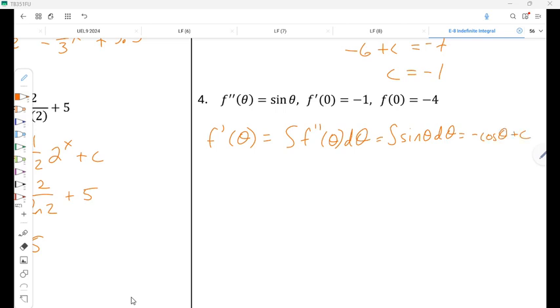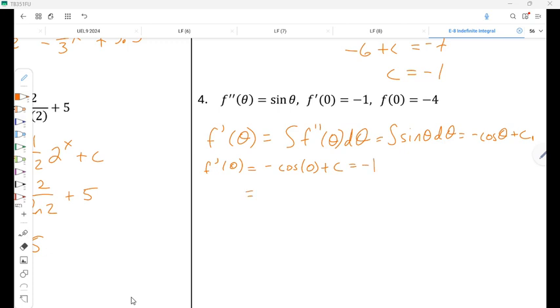All right. So I know that f prime of theta is negative cosine theta plus something. So let's find out what that plus something is. I'm going to label this C1, knowing that I'm going to have multiple C values and I need to distinguish them. So f prime of 0 is negative cosine of 0 plus C1, and that equals, according to the problem, negative 1.